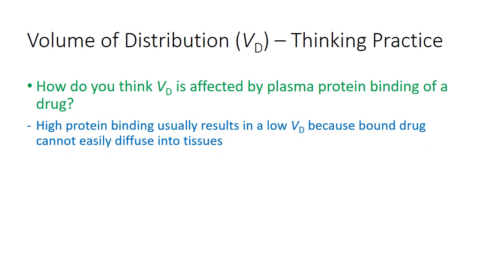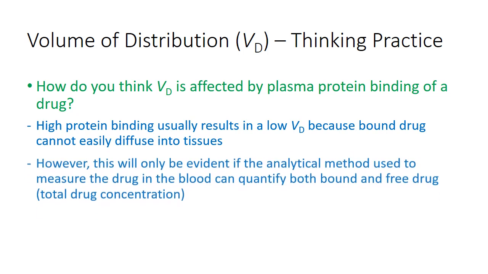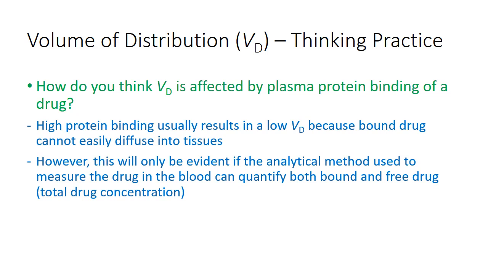High protein binding usually results in a low VD because bound drug cannot diffuse easily into the tissues. We talked about that: low capillary permeability. This will only be evident if the analytical method used to measure the drug in the blood can quantify both bound and free drug.